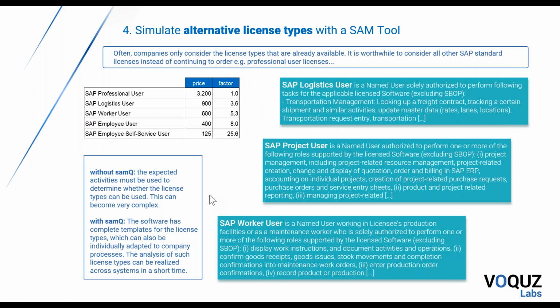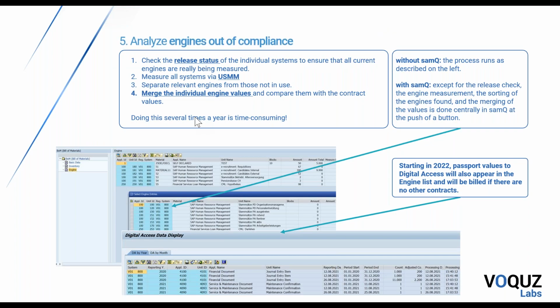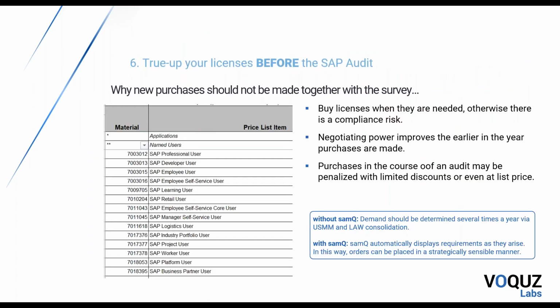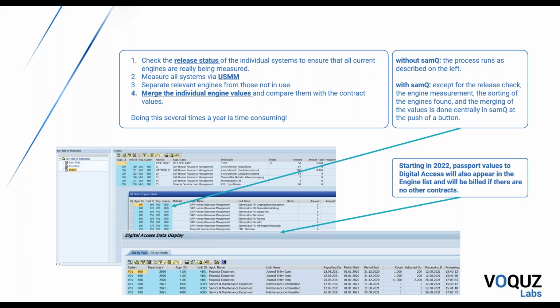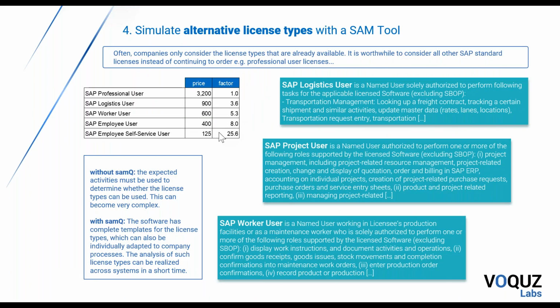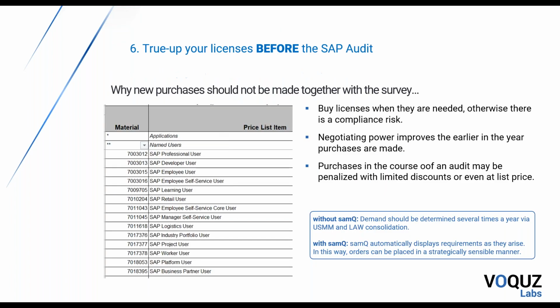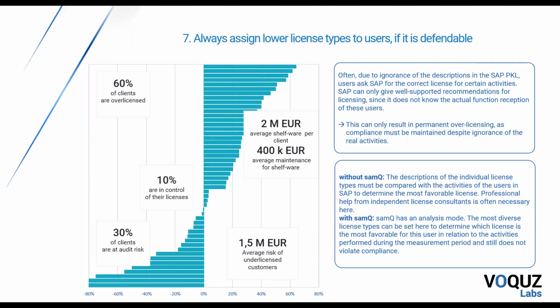Going from some $125, sorry, this is jumping around with the slides, going from 125, this is euros, not dollars. By the way, you need to multiply this times 1.5. 400, so $600, $900, and so on. Consider that these license types could also be cheaper and more interesting than the limited professional user.